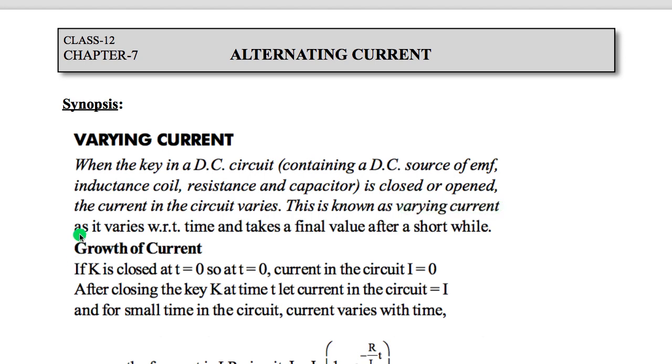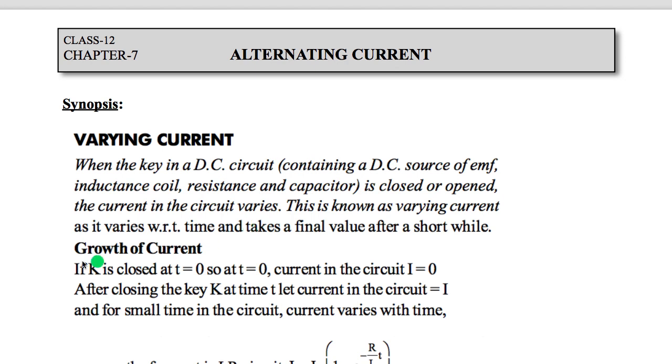As it varies with respect to time and takes the final value after a short while, that current is called a varying current. Here the current may increase or decrease.